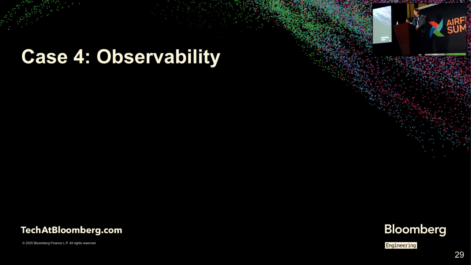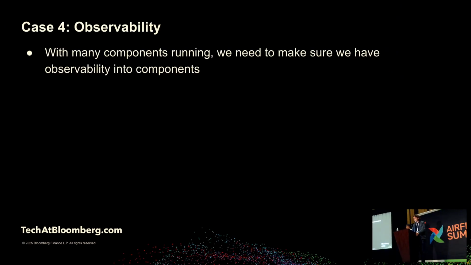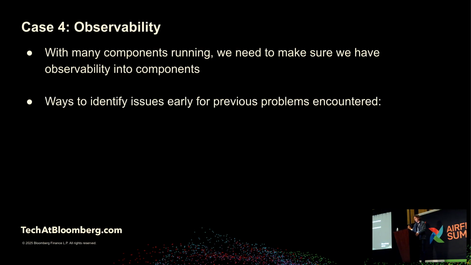And the last case study that we will introduce is observability. So with many components running, we want to make sure that we have observability into the various Airflow components. With the previously mentioned problems encountered, namely no DAGs parsed and high DAG parsing runtimes, we want to make sure that if these issues occur again, we can identify them as soon as possible in our production environment.